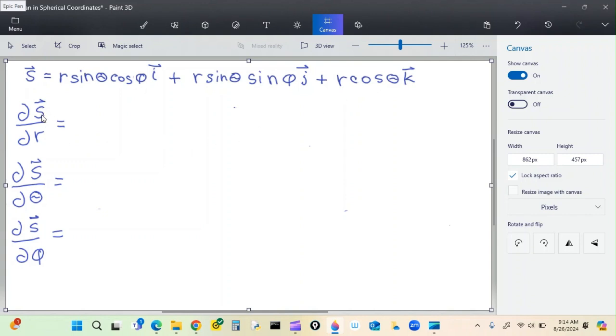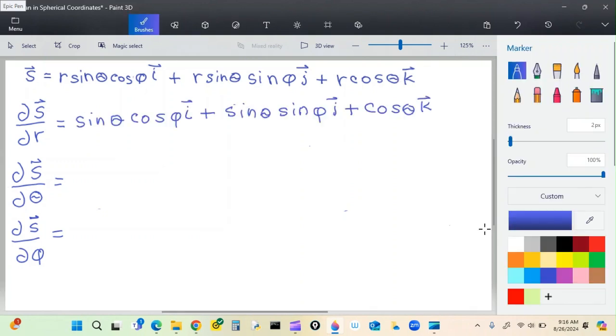The derivative of r with respect to r is just 1. So really what's going to happen is, for this line here, it's just going to be sine theta, cosine theta, sine theta, and cosine theta. Now, this one was really easy.